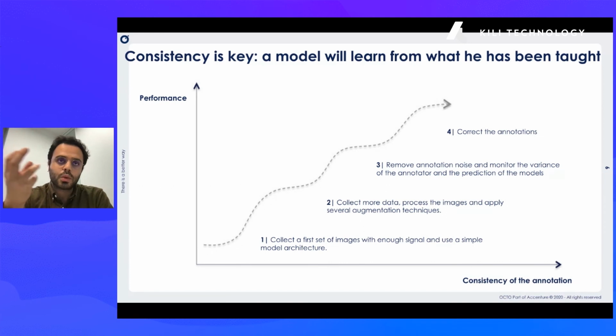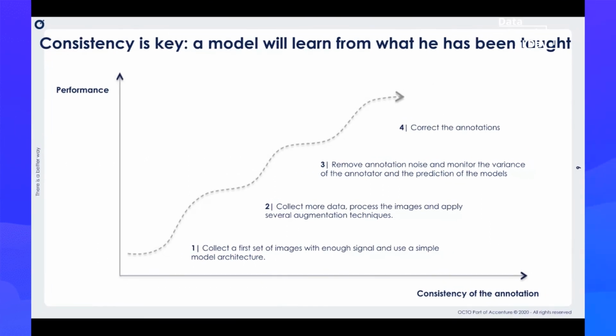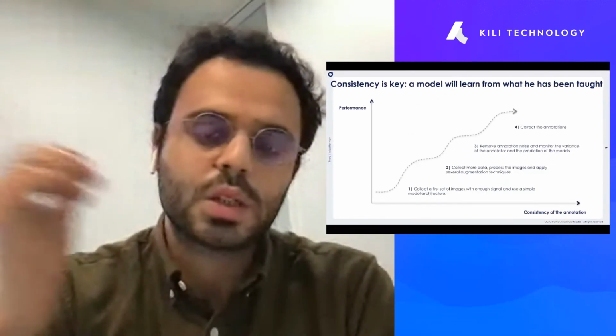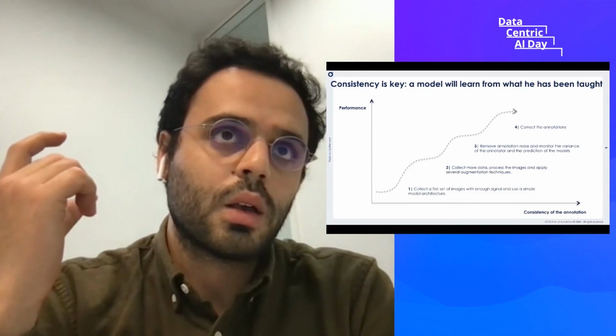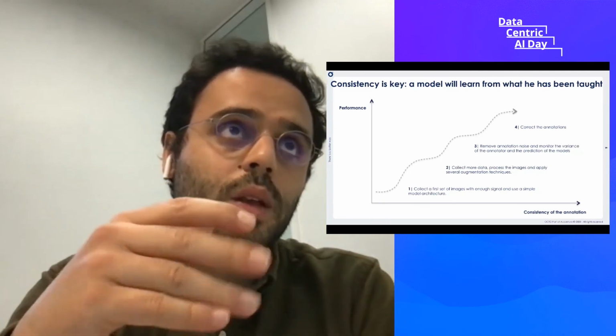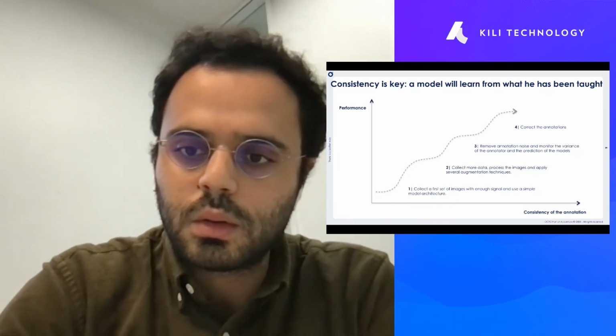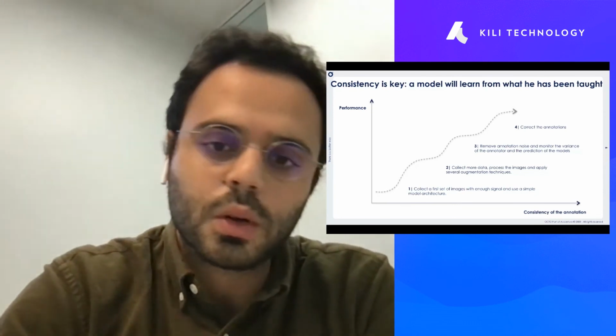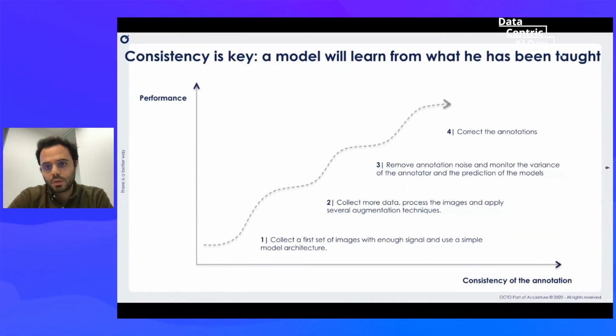It's very important that the annotators on your project reach a consensus on the annotation, and then iterate again and correct the annotation. Once you have consistent annotation and clean data, you will reach the performance in less time than if you spend a lot of time tweaking the parameters of your model, or making your model more complicated.